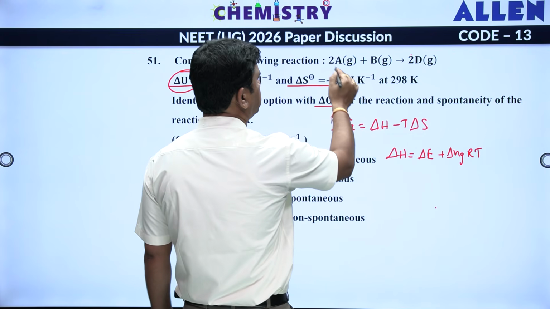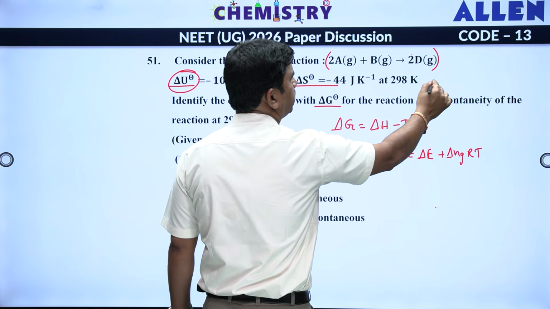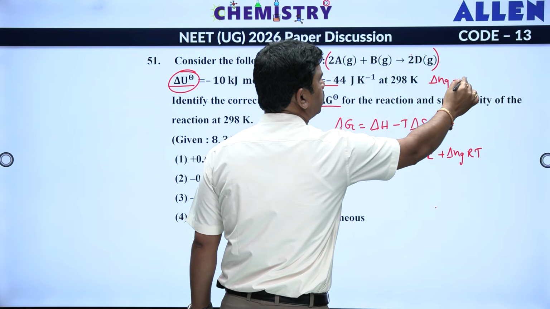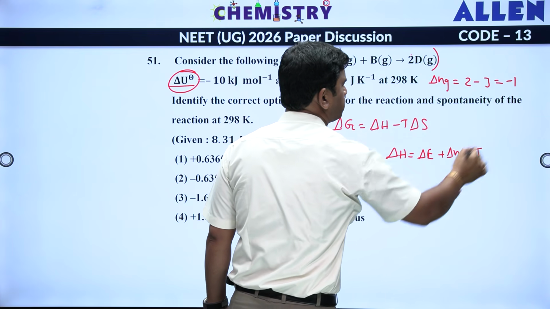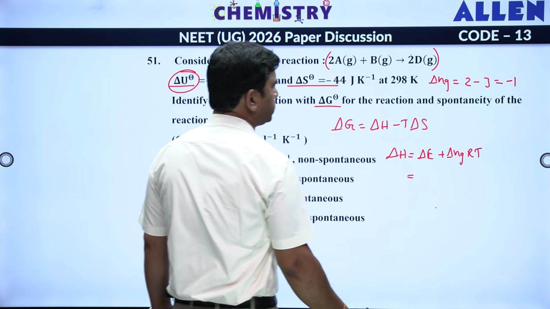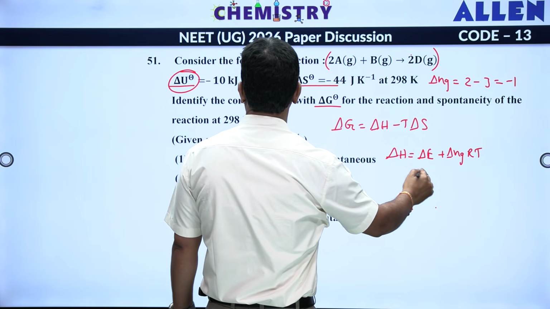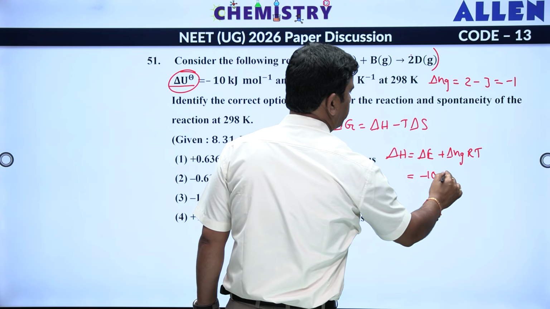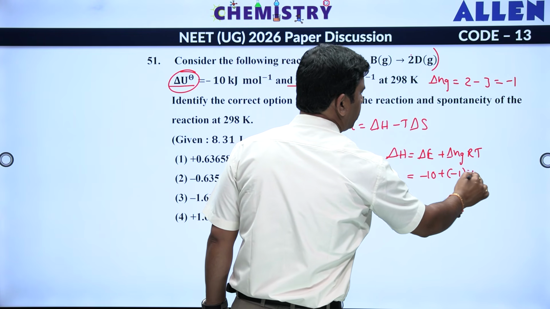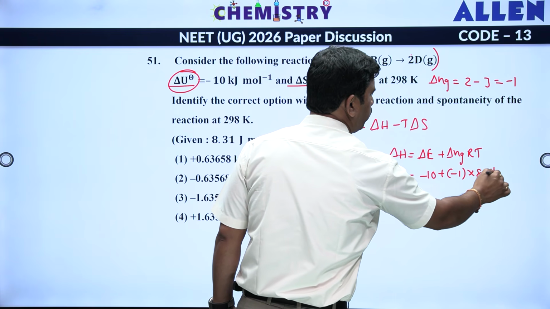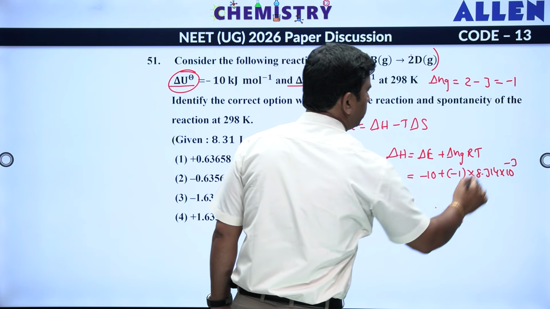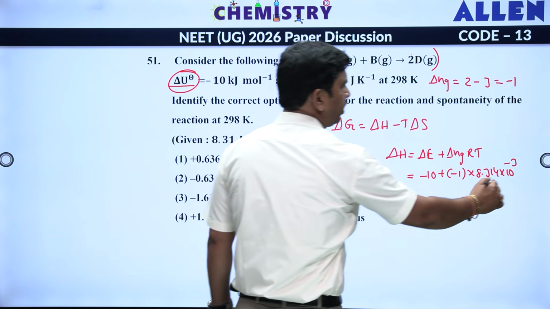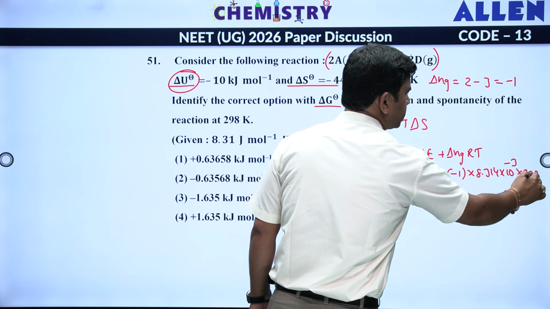Here delta ng, from this equation, equals 2 minus 3, which is minus 1. This is delta E, they gave minus 10 kilojoules, plus delta ng is minus 1, R value 8.314 into 10 power minus 3, because we are taking kilojoules, and T is 298.